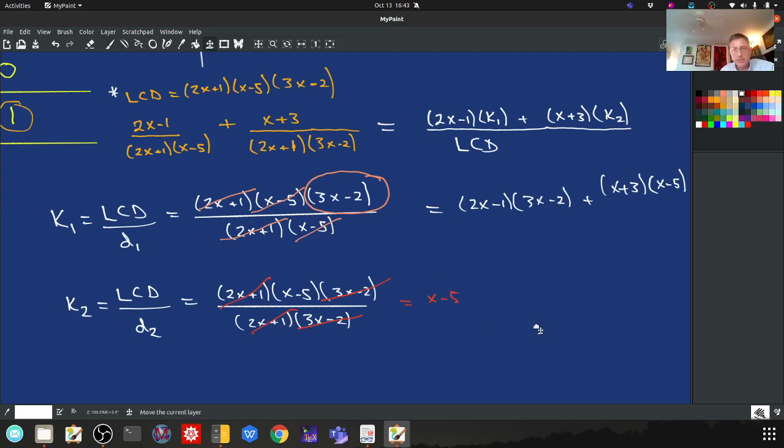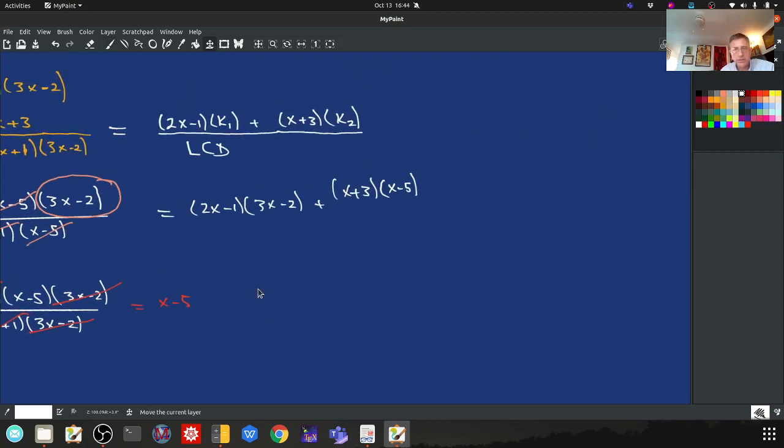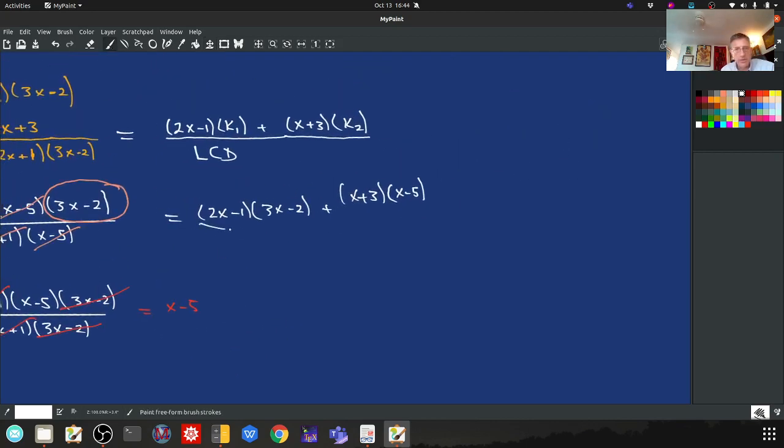All of this is over my LCD. So now you see why I don't write LCD until the very last step.